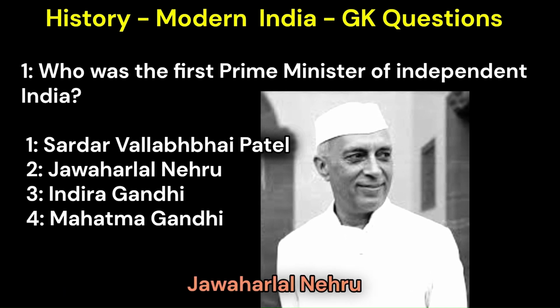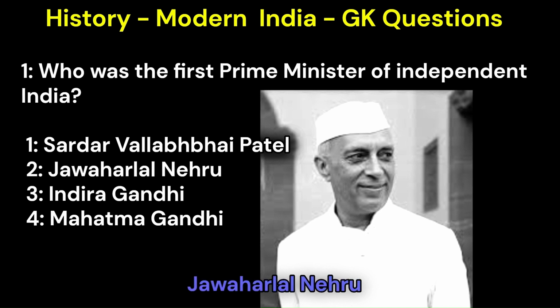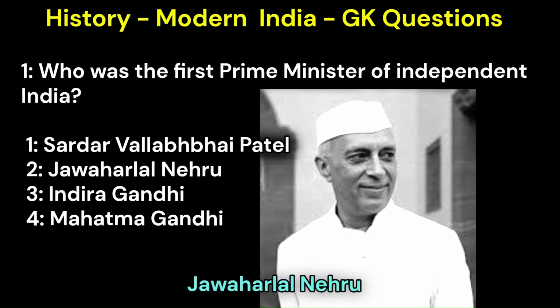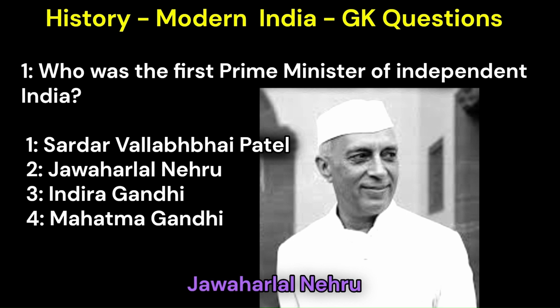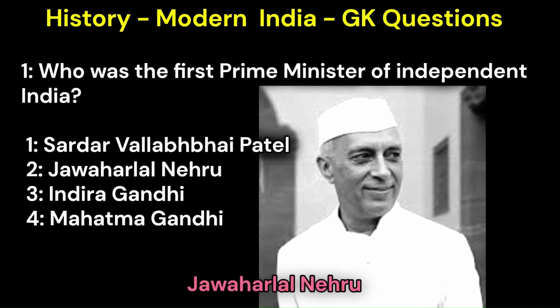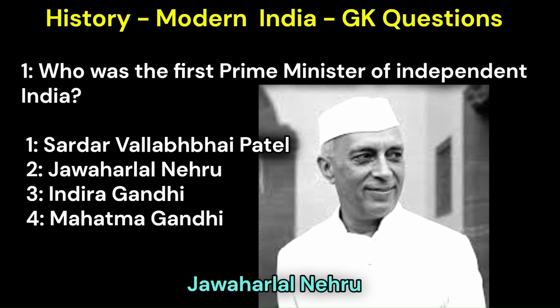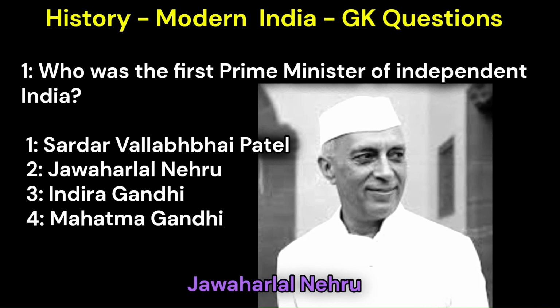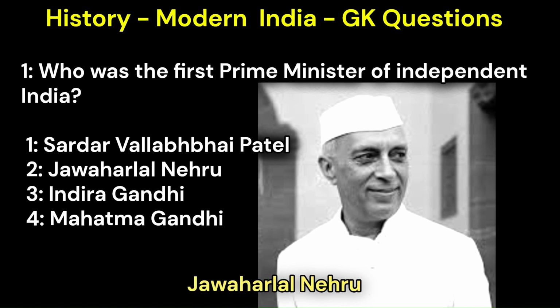Explanation: Jawaharlal Nehru became the first Prime Minister of India on 15th August 1947 following the country's independence from British rule. A key figure in the Indian National Congress and a close associate of Mahatma Gandhi, Nehru played a pivotal role in shaping modern India.